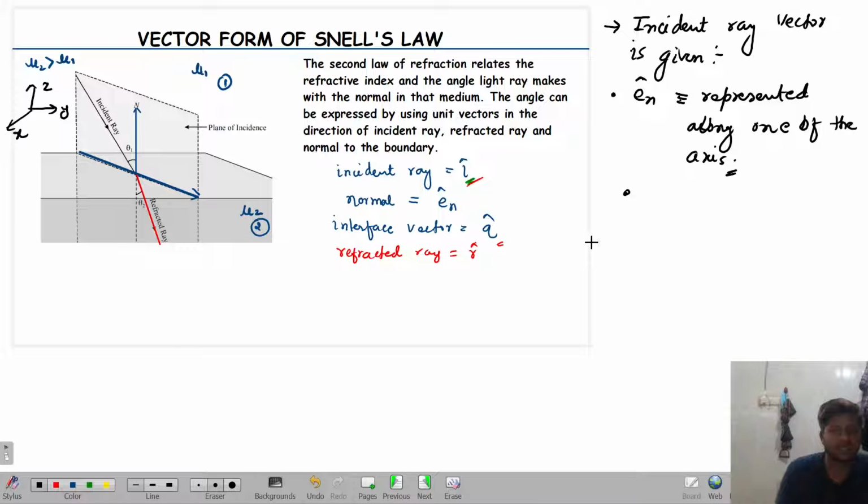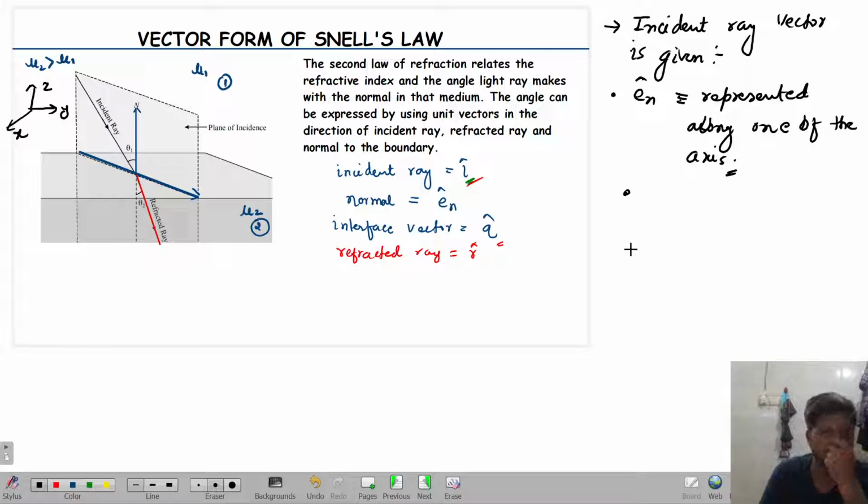Easy. Try to understand: this plane of interface is actually perpendicular to the plane of incidence, or not? Tell me yes or no, everyone. This plane of interface is actually perpendicular to the plane of incidence or not?